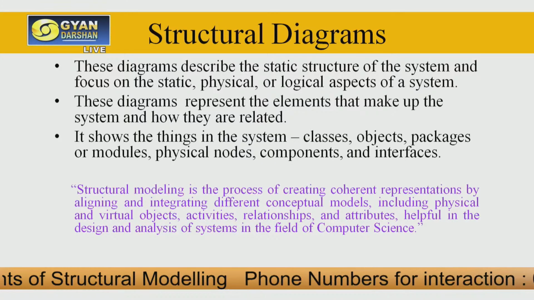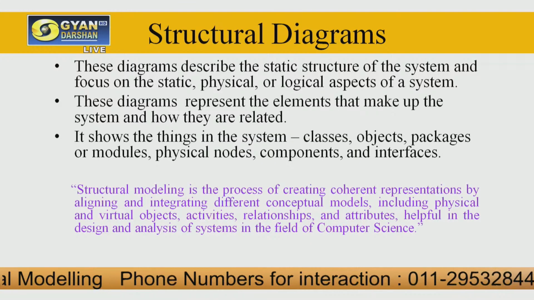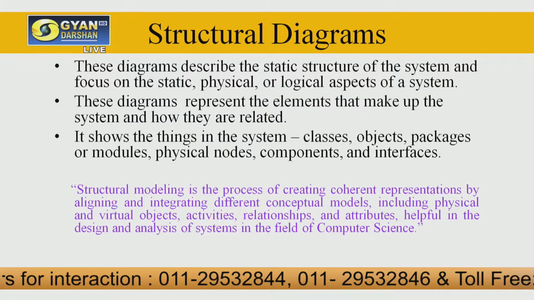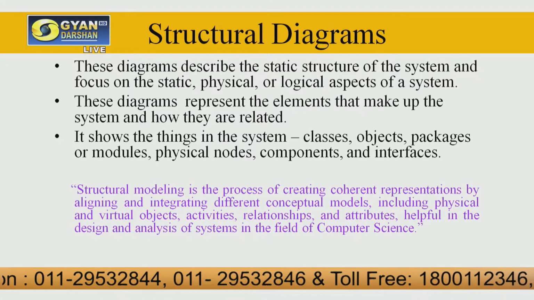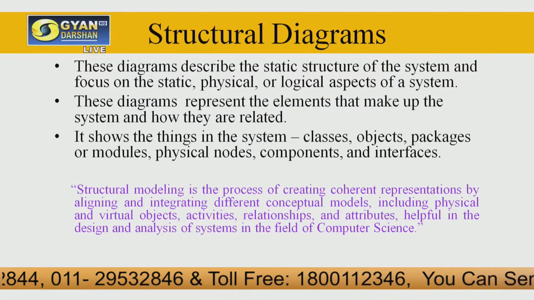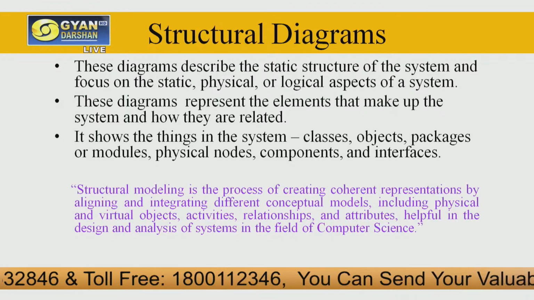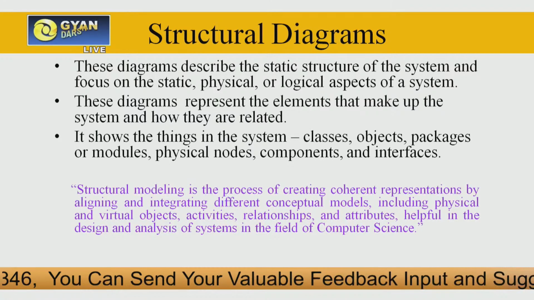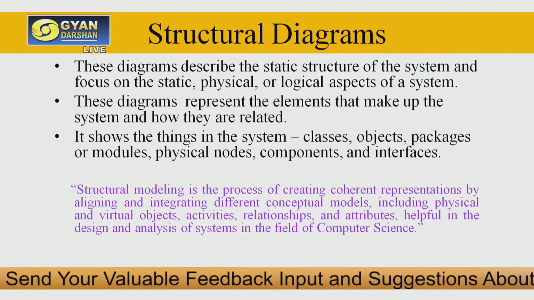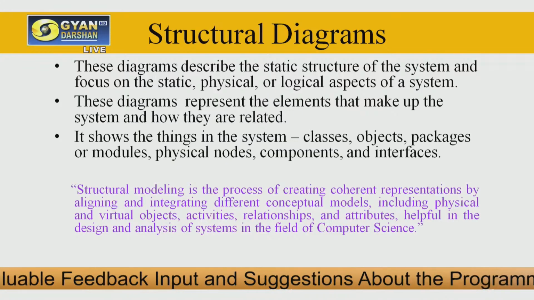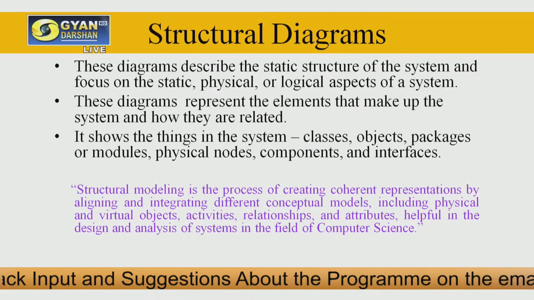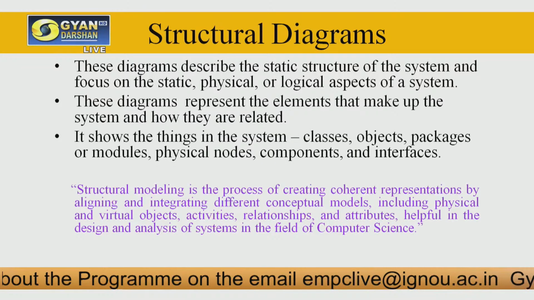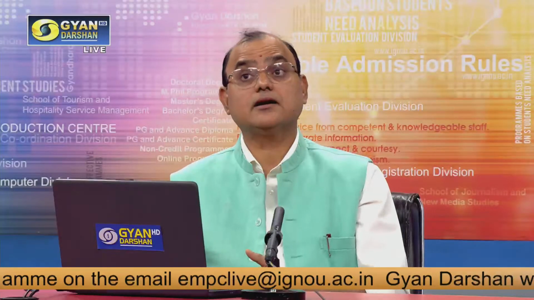As I mentioned, some of these diagrams are the object diagram, class diagram, package diagram, or modules. Then we talk about the physical aspect also. As I discussed, there is a diagram related to deployment, so the physical components or physical nodes of the system are part of that diagram. So physical nodes, components, and then interfaces, and if we have some kind of relationship or implementation, then certain constraints.